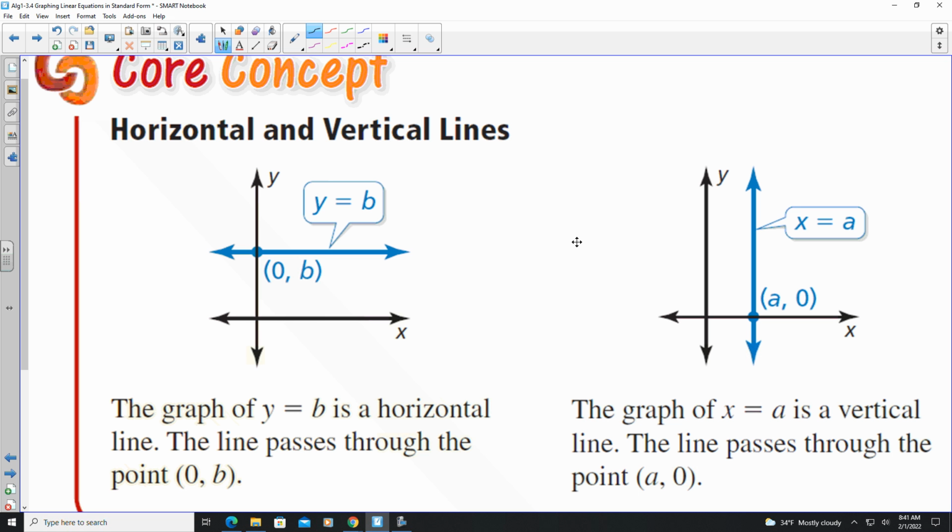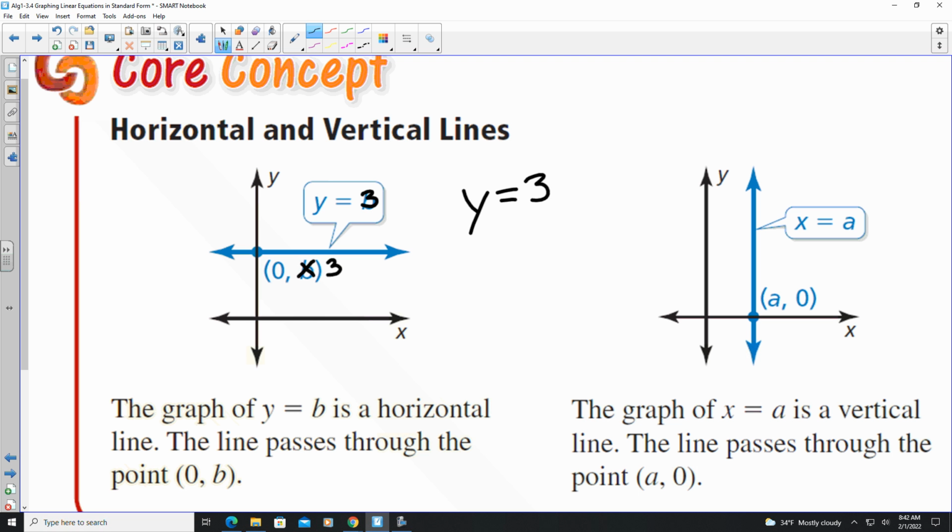For instance, y equals b here on the screen, but let us say y is equal to 3. We only have one variable in this equation. In this case, it's y. So when we have only y in the equation and they're asking you to graph it, we are dealing with a horizontal line, and it's going to go through 0, comma 3 in this particular instance. So that is where we could say y equals 3, and that's where my line is going to go.